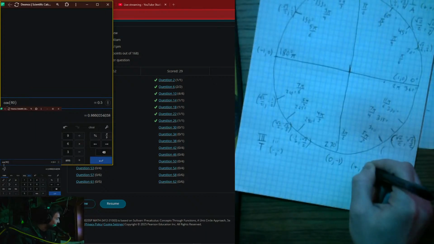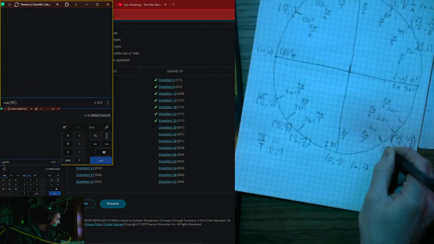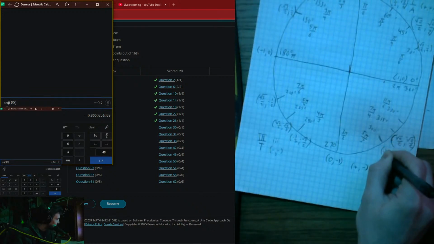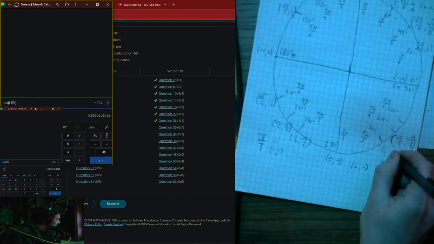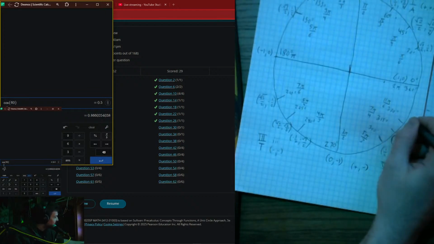Positive x. Square root of 2 y. And then for 330 degrees, square root of 3 over 2, negative 1/2. Sweet.